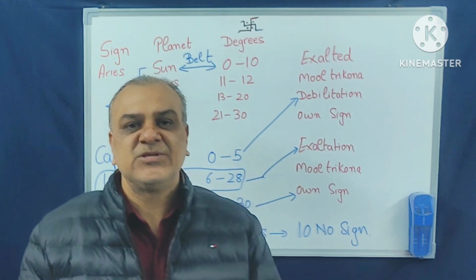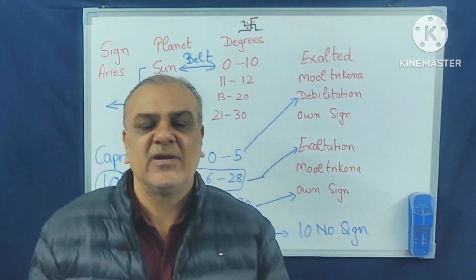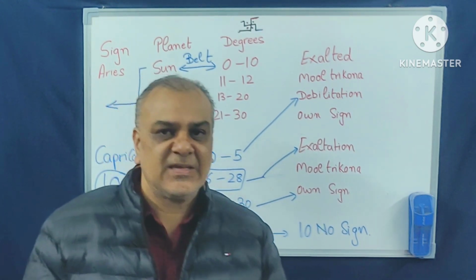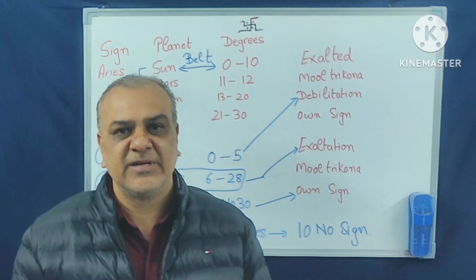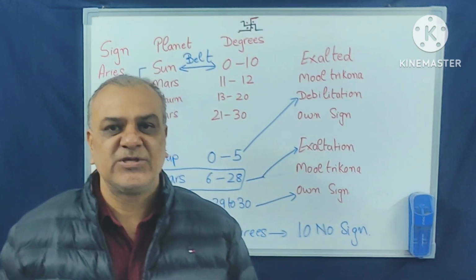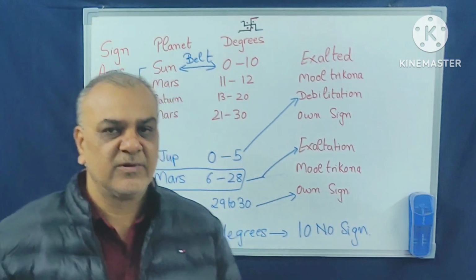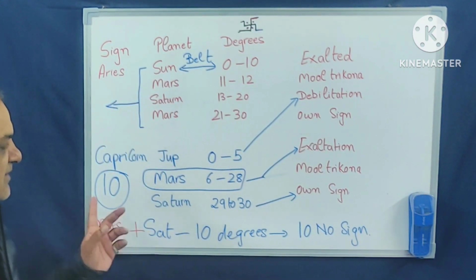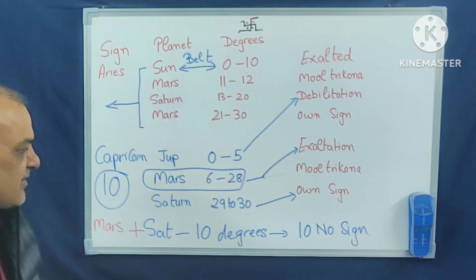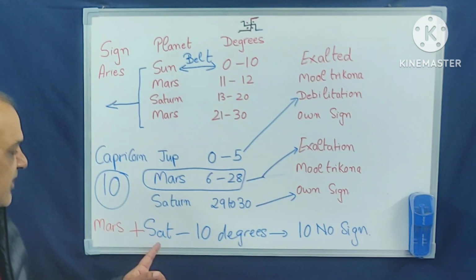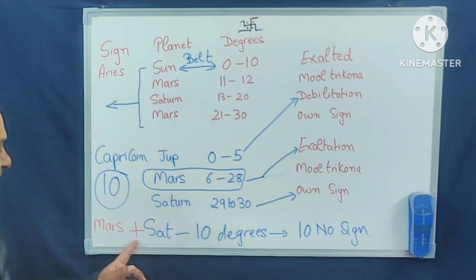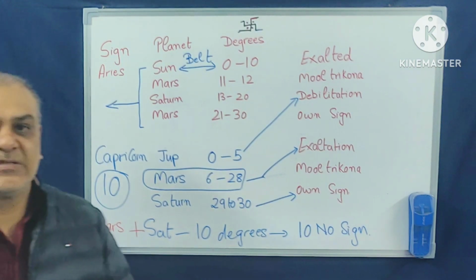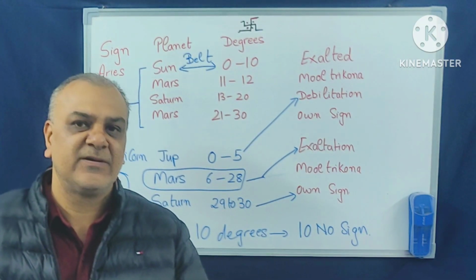Then the combination comes into play, and you have to decode the combination and give a prediction to the native. 100% that prediction will not go wrong. So when this kind of combination forms and Jupiter or Saturn comes in progression over this Saturn, it will give the qualities of Mars and Saturn together.